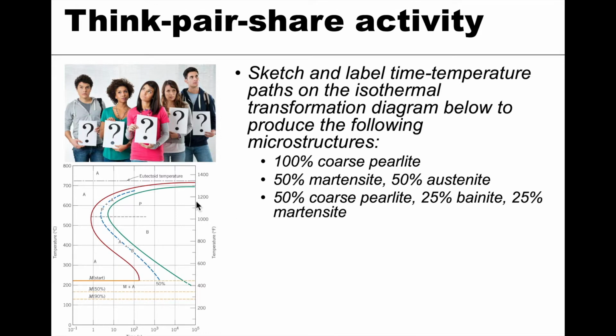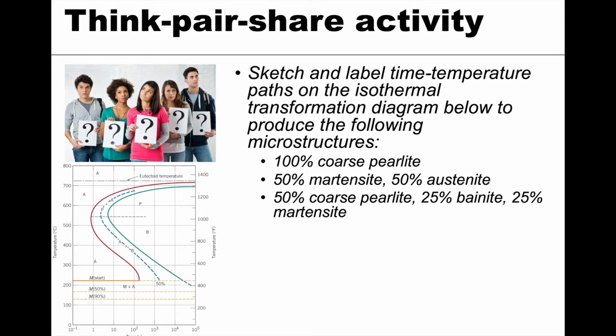But what I want you to do is, using the isothermal transformation diagram provided, which is the one for the eutectoid composition, sketch and label the time temperature paths for 3 different microstructures.